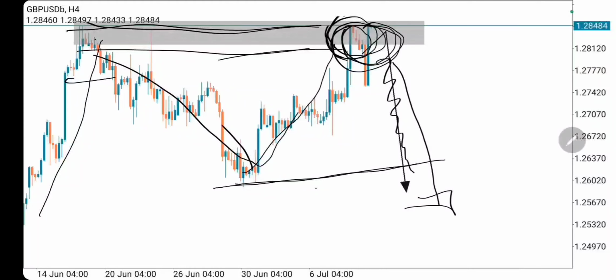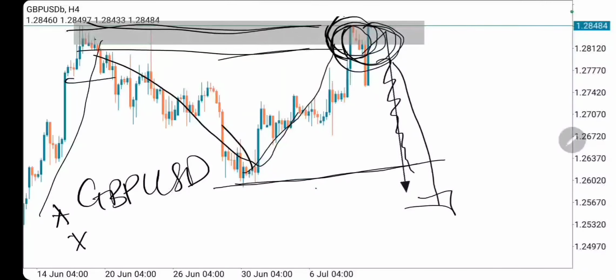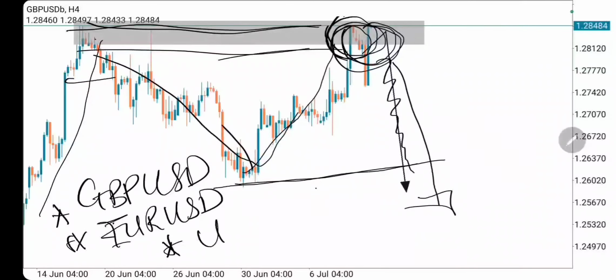I've shared this setup in our free Telegram channel, and I shared three setups there. I shared a setup on GBP USD, another on Euro USD, and another on USD CAD.